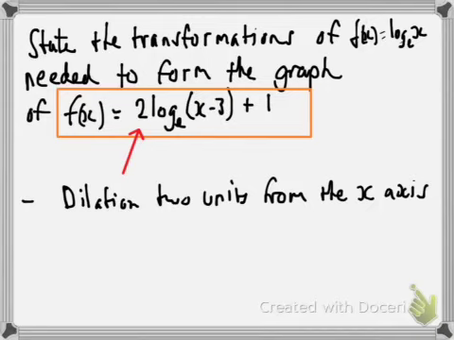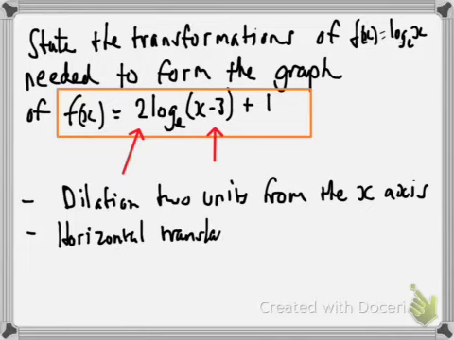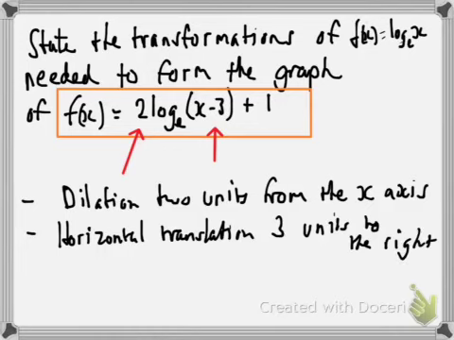We've got the -3 there, so that's going to be a horizontal translation, 3 units to the right. And finally, the +1 gives us a vertical translation 1 unit up.